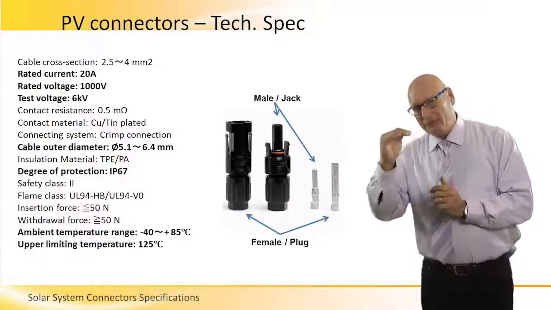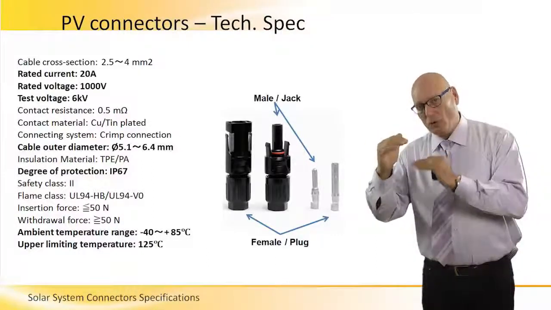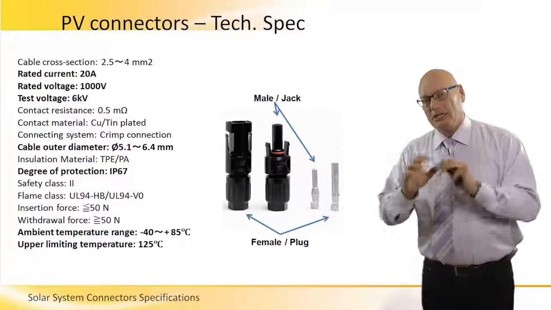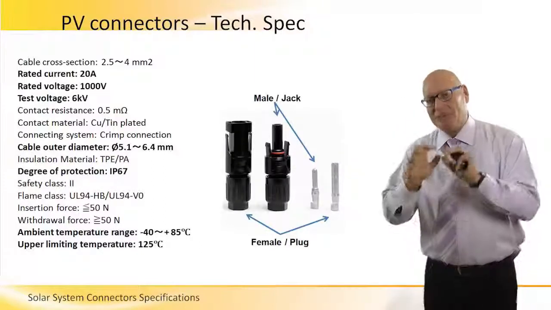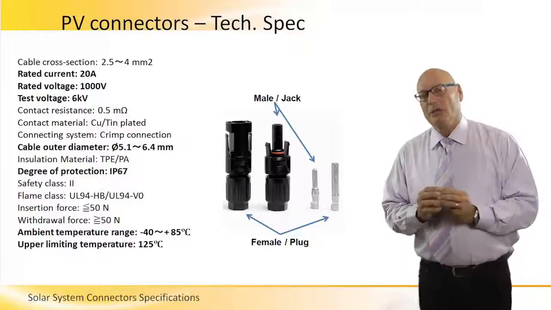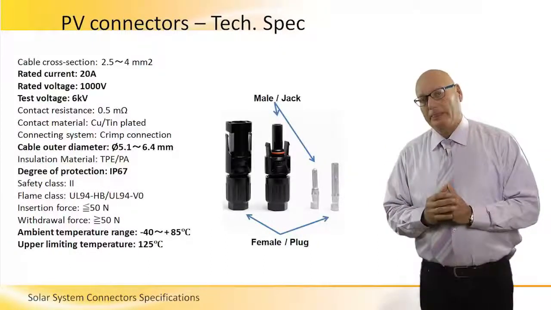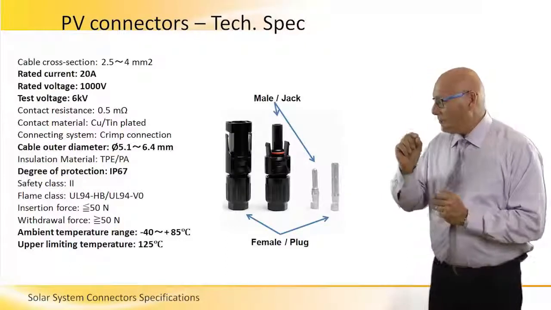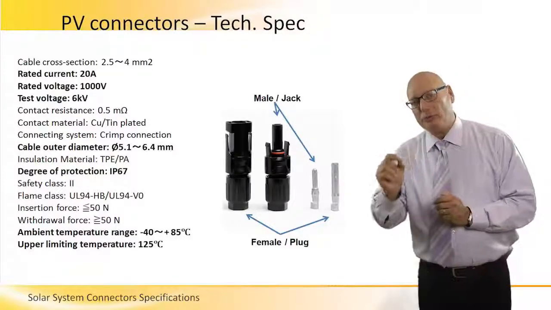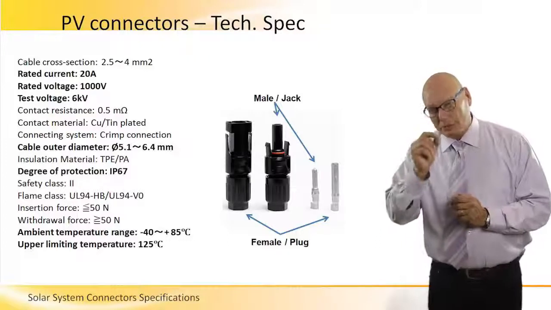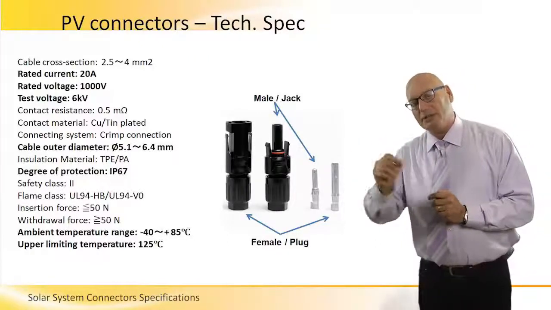So a level of IP67 is a very good level, meaning that connector is not susceptible to harsh environmental conditions. It's better than IP65. This IP67 is a very, very important parameter when it deals with cables and connectors.